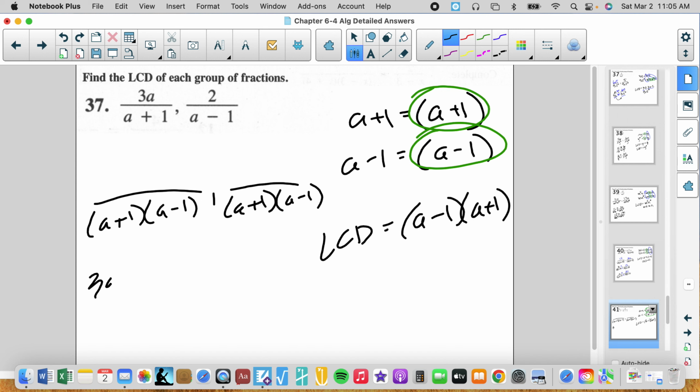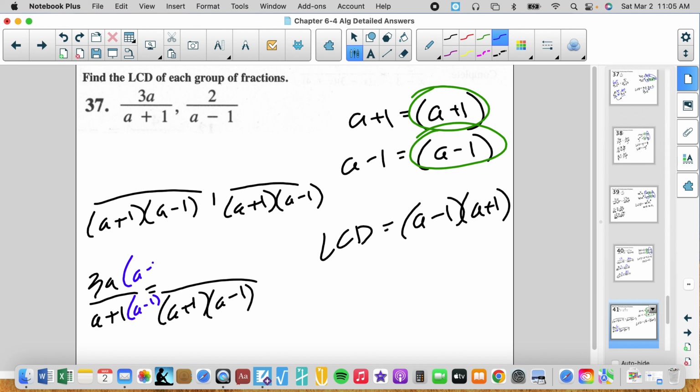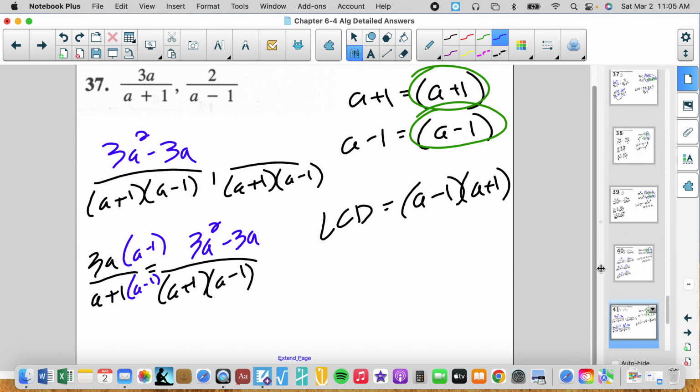And so we write 3a over a plus 1 equals a plus 1, a minus 1. What's it missing? It's missing the a minus 1. So we get 3a squared minus 3a. So a little technical, but still the same exact steps.